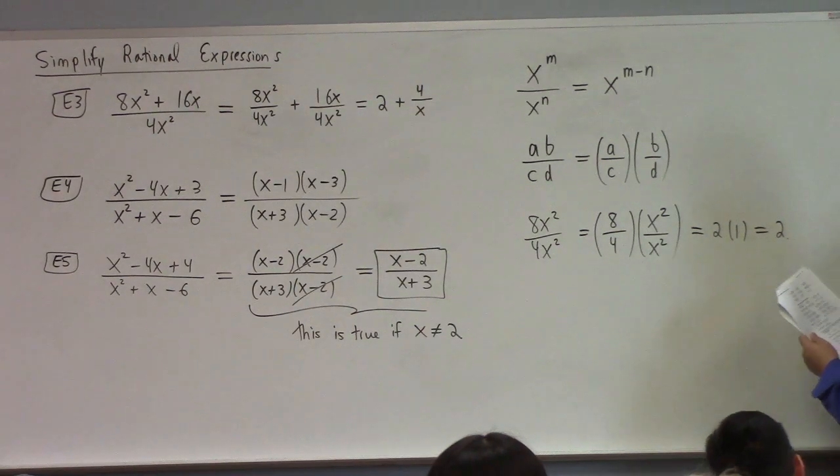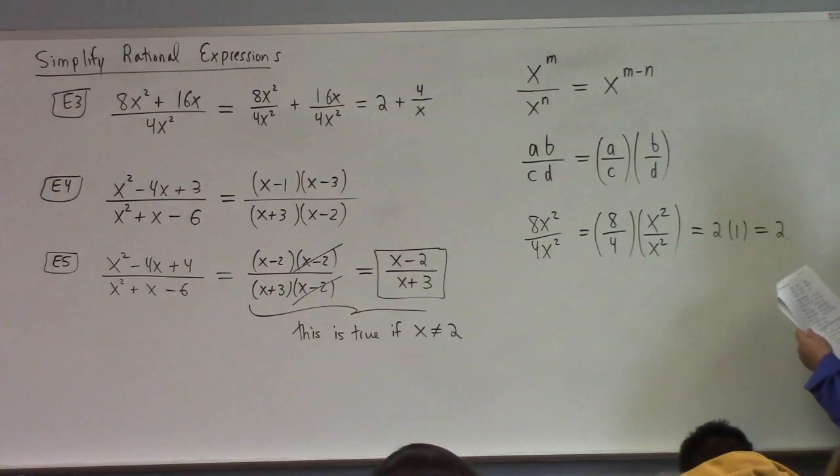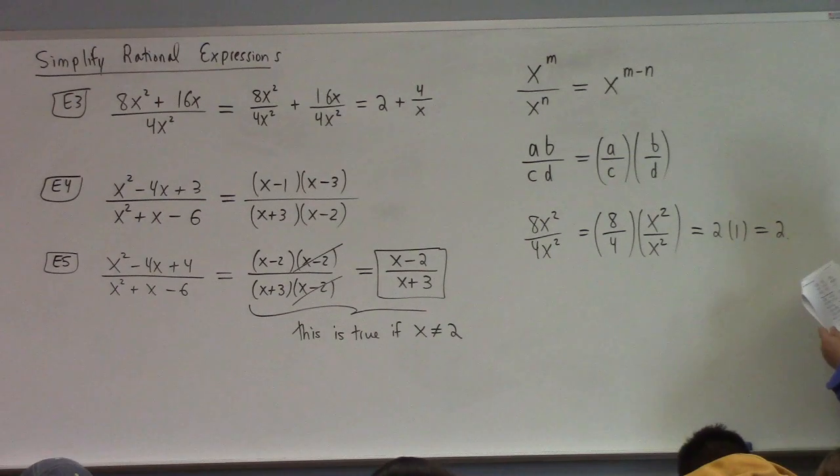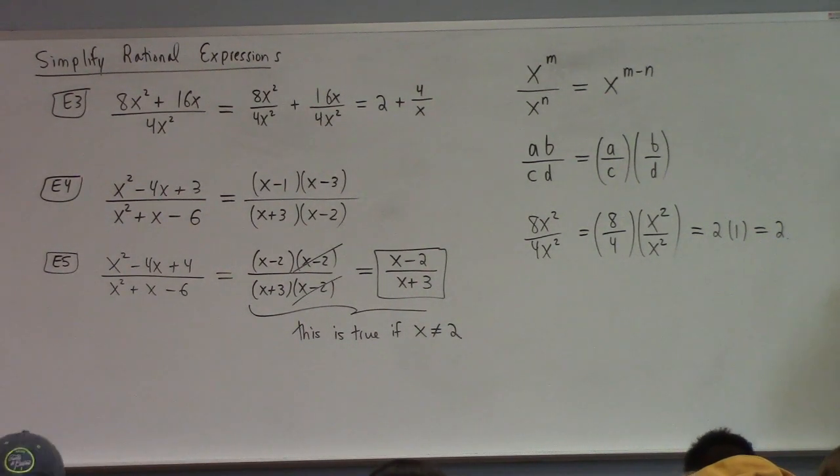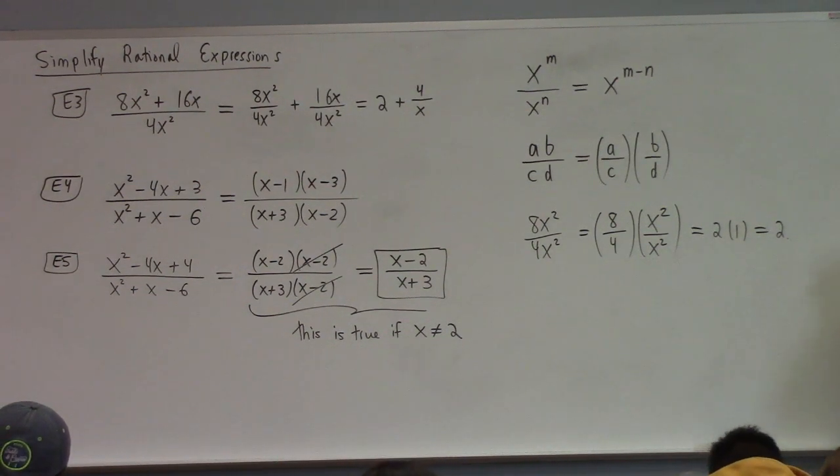All right, so next up here, we're supposed to multiply or divide as indicated. So let me put up a couple here, let you guys chew on them, see if you can do them.